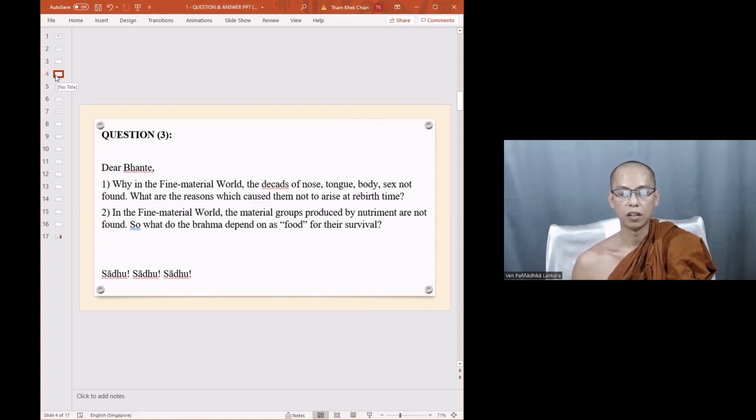No nutriment for materiality. So here, the Brahma of the non-percipient beings survive on the mental nutriments, not physical nutriments.